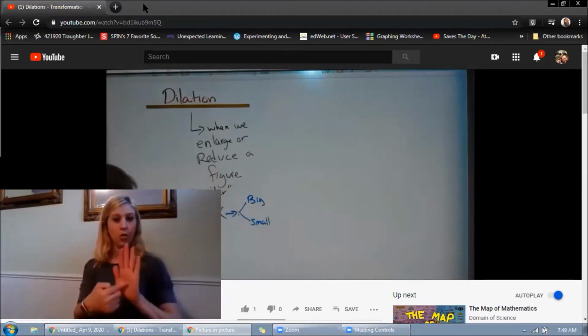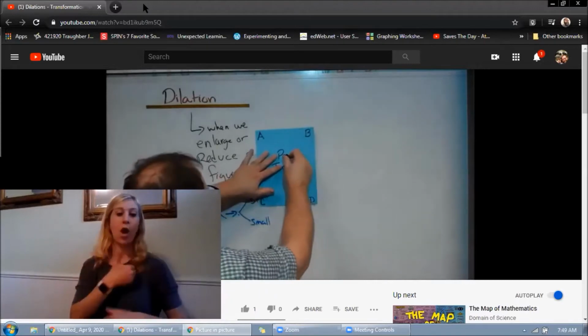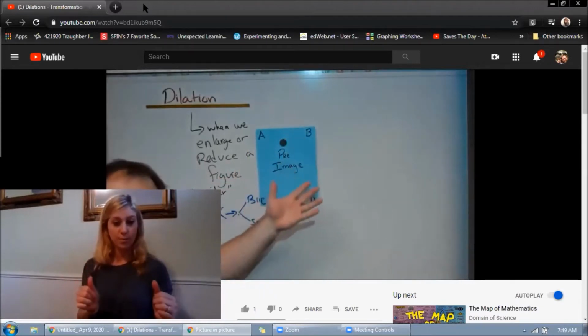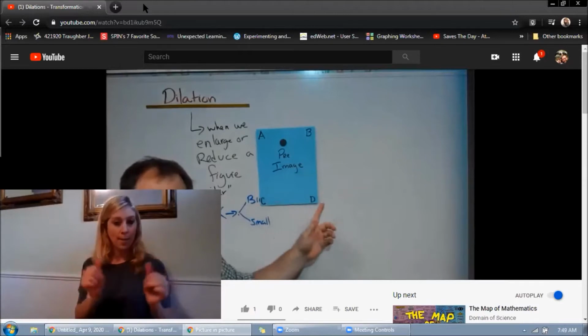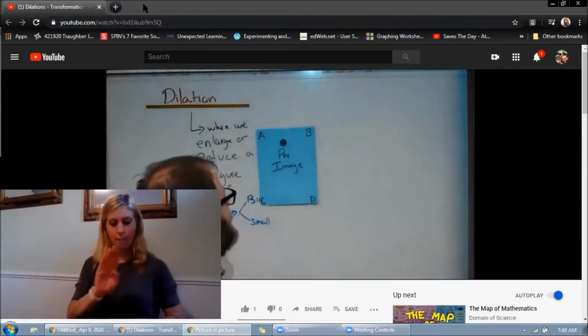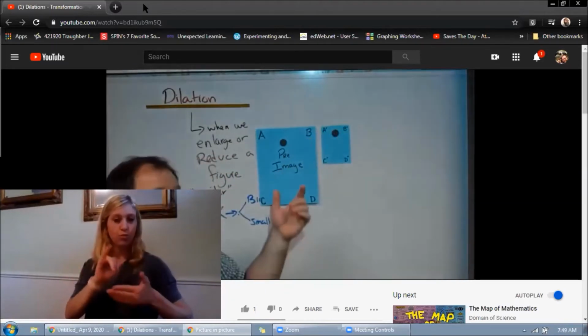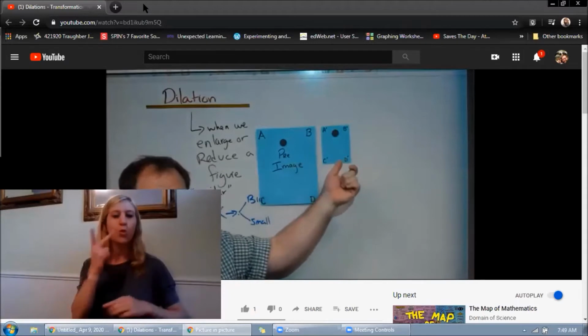So here's our pre-image. Right here I've got just a simple rectangle A, B, C, D. Now, if we were going to reduce that, here's a reduction of it. So we've reduced this down.